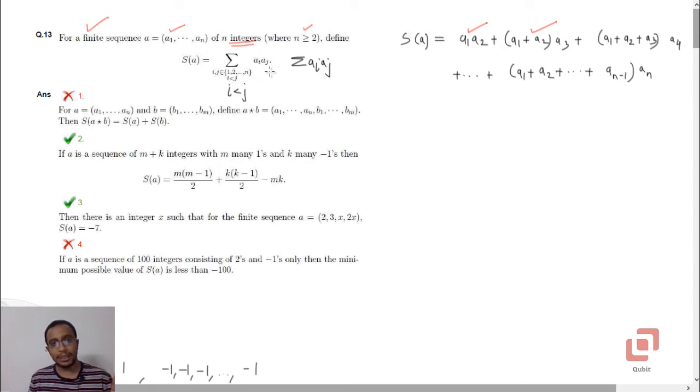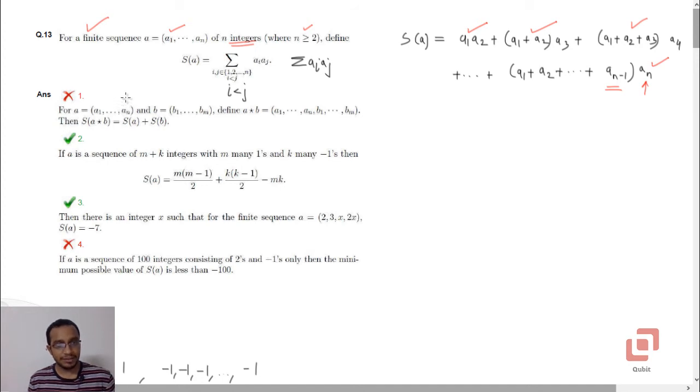You are required to take the product of a4 with the remaining 3, which are a1, a2 and a3. And you have to continue this till you reach an. So clearly the last term is going to be a1 plus a2 plus a3, until an minus 1, multiplied by an. If you understand what SA is and how it is to be computed, then you can easily solve this question. Let us go to the first option.